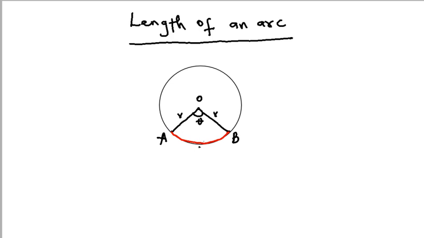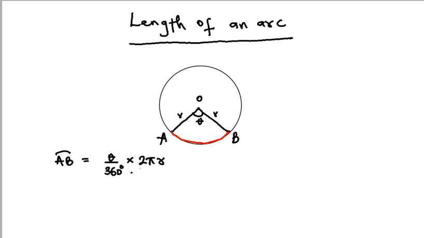So with this information, we can now write that the length of the arc AB, I use that symbol for arc AB, is equal to theta over 360 degrees times 2 pi r.